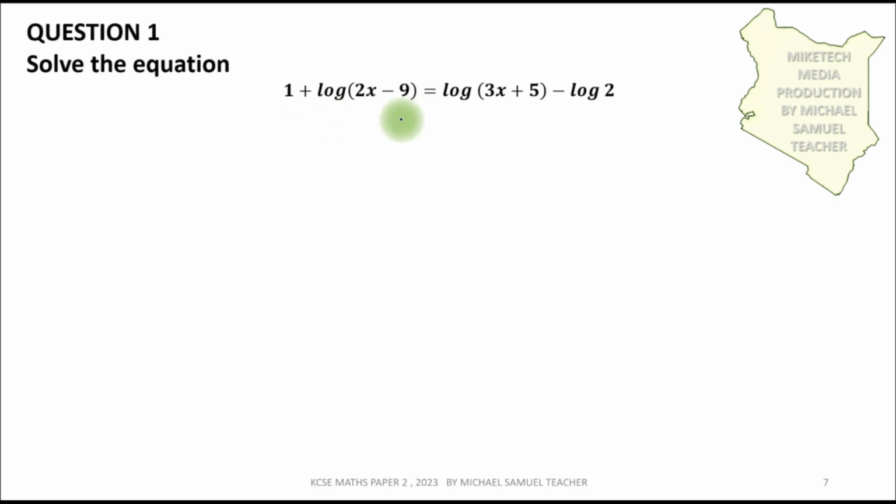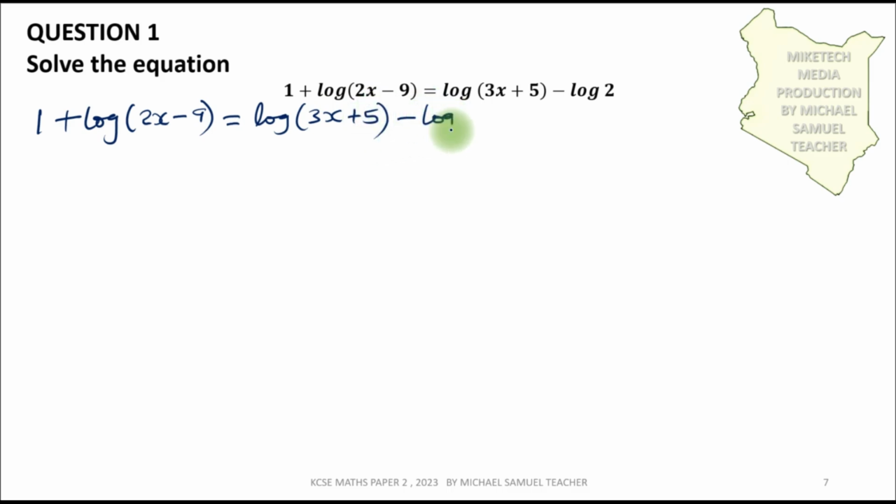So we have 1 plus log of 2x minus 9 is equal to log of 3x plus 5 minus log 2.